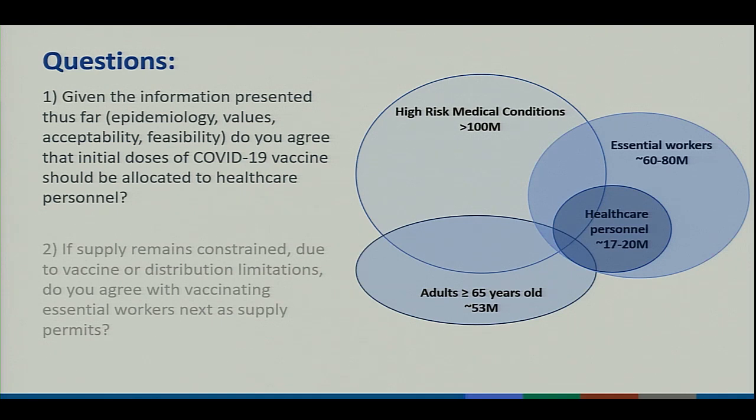If doses are being released, we want to make sure that individuals receive both doses and we don't vaccinate more broadly and then not have doses made available the following month, for example, to provide people second doses in those windows. So there's some additional considerations around the total number of individuals that may be vaccinated over time as well.